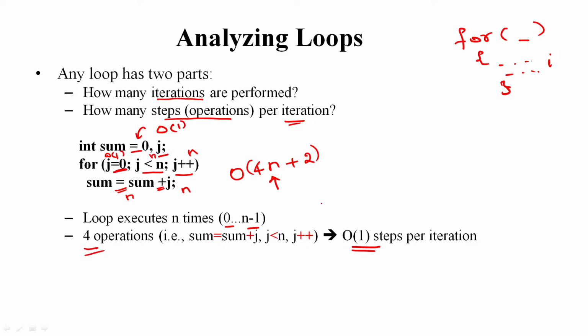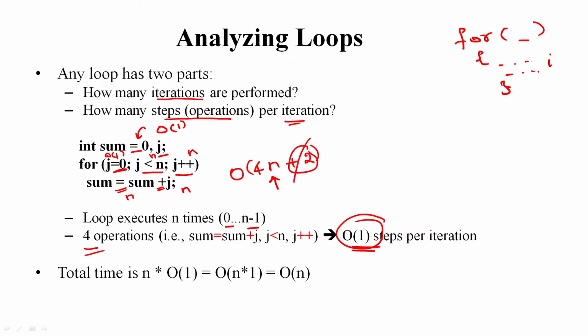So 4 operations for each iteration, and n iterations will be performed. Then lower order terms can be ignored and coefficients can also be ignored, so we get order of n as the time complexity for this example.